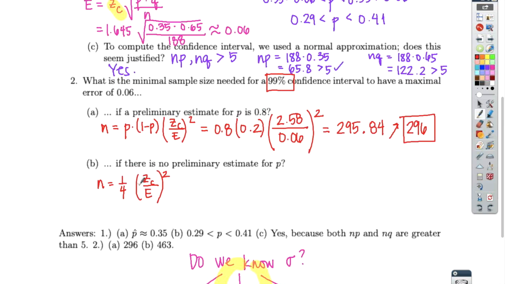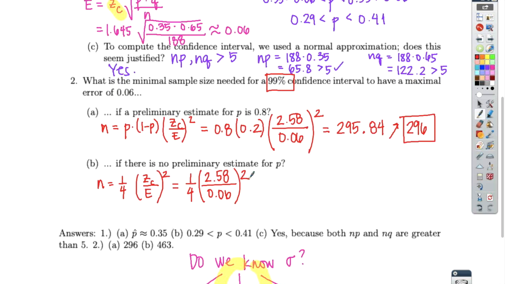Part B wants us to do the exact same thing, but now we don't have anywhere to start for P. No preliminary estimate. So instead of that P times Q at the beginning, we just put 1/4, and then exactly the same numbers for the rest of it. So 2.58 over 0.06. This part is still squared.